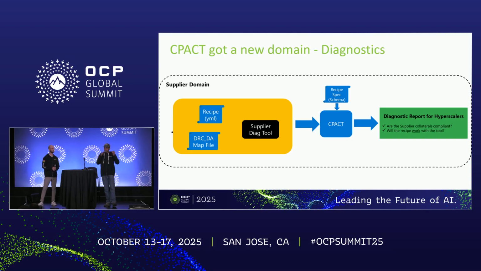So it's a supplier hyperscaler handshake to decide which schema they want. Out comes a diagnostic report for the hyperscalers, which helps provide two answers, which the hyperscalers typically have from the suppliers. One, are the supplier collaterals compliant? And two, do they work? Right? Two important questions which get answered with a single report.